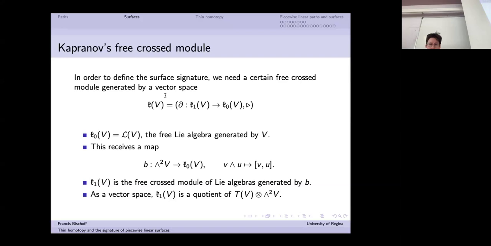So it's the free crossed module obtained from this map. You should think of it as a crossed module over K0V, and it's the one that's obtained from this map. There's a forgetful functor from crossed modules of Lie algebras to a category where you have a Lie algebra and a vector space with a linear map to the Lie algebra.